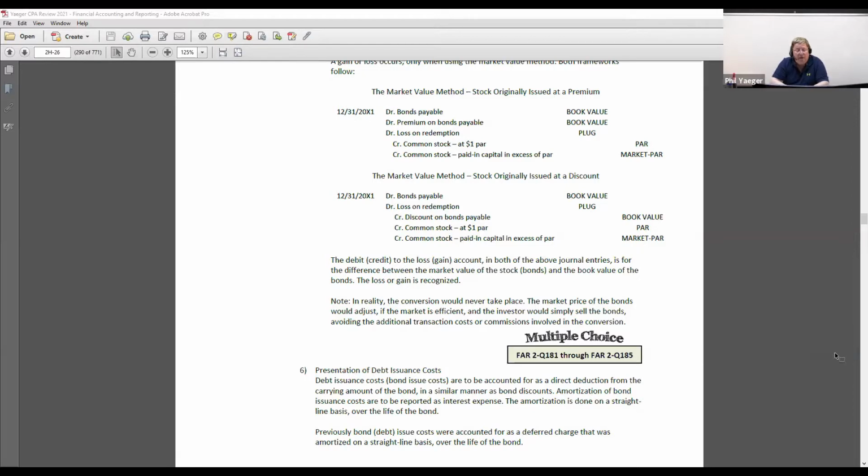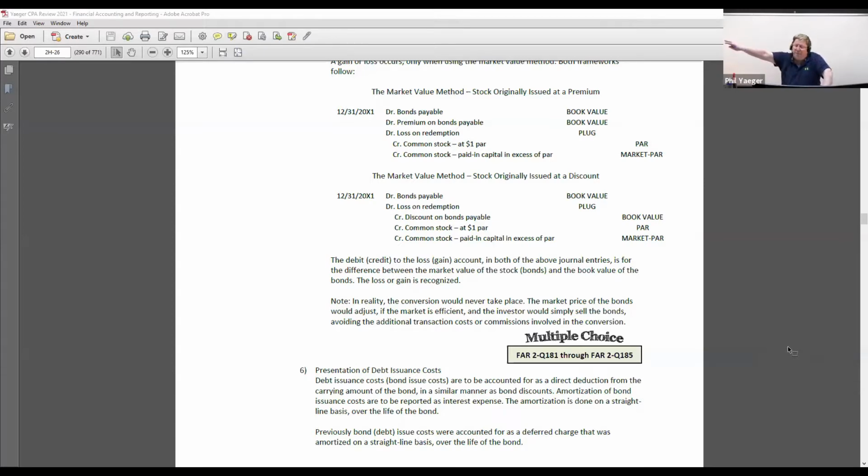Note that in reality, the conversion will never take place. The market price of the bonds would adjust if the market is efficient, and the investor would simply sell the bonds, avoiding the additional transaction costs or commissions involved in the conversion. So what they're saying is this: if you have bonds that are not paying the yield rate, what are you going to do as an investor? You'll sell those bonds, right?